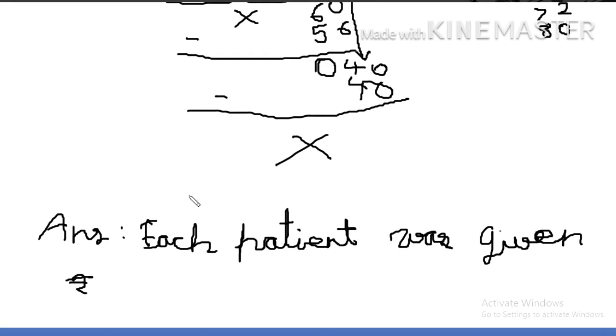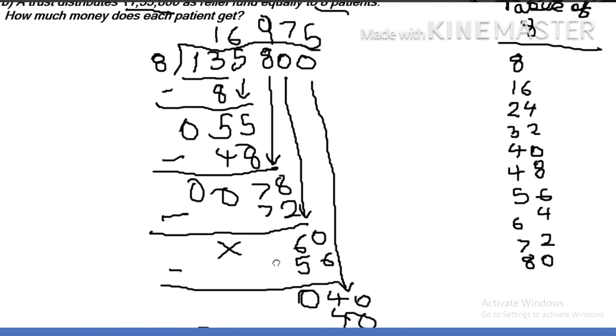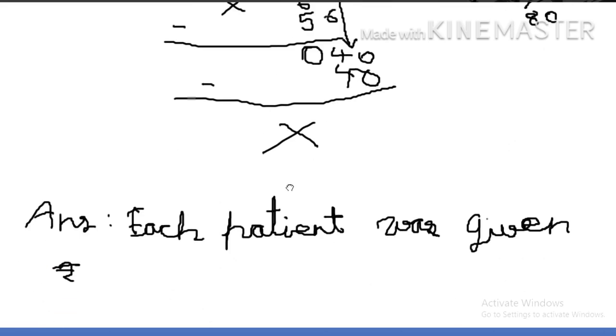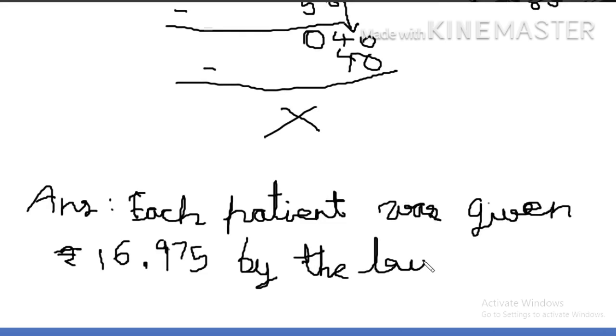Now our quotient is the rupees given to each patient, 16,975. So each patient was given rupees 16,975 by the trust.